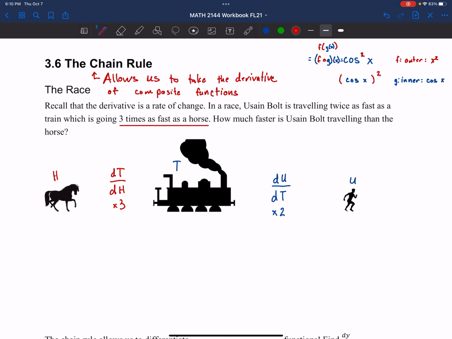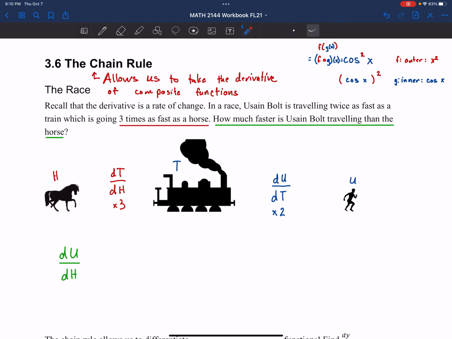And what we're ultimately going to be asked is how much faster is Usain Bolt traveling than the horse? In other words, we're asked for the rate of change of Usain Bolt with respect to the horse.